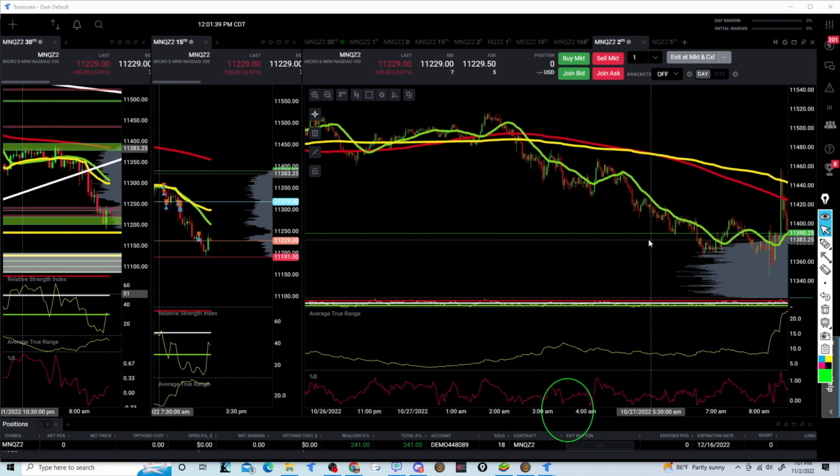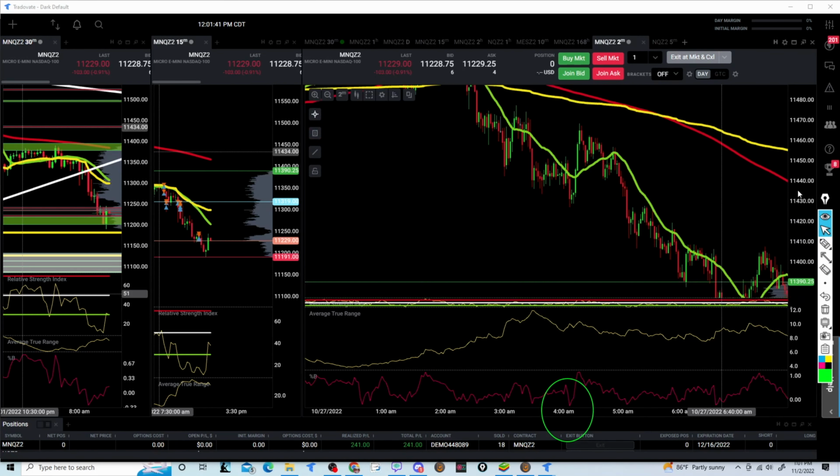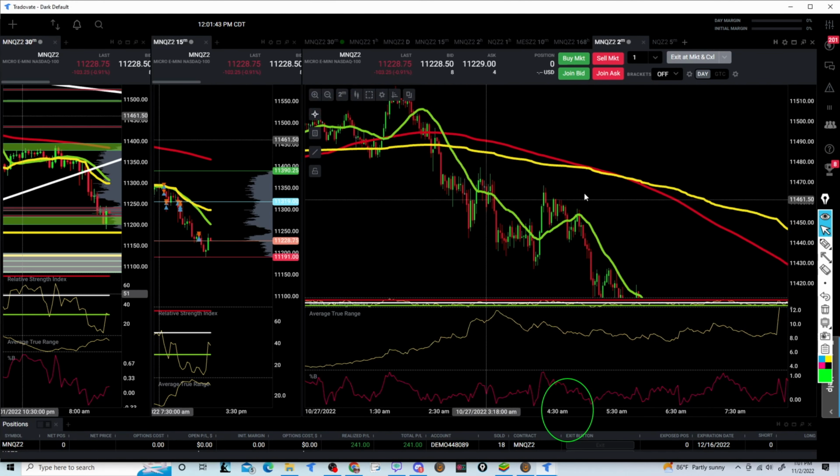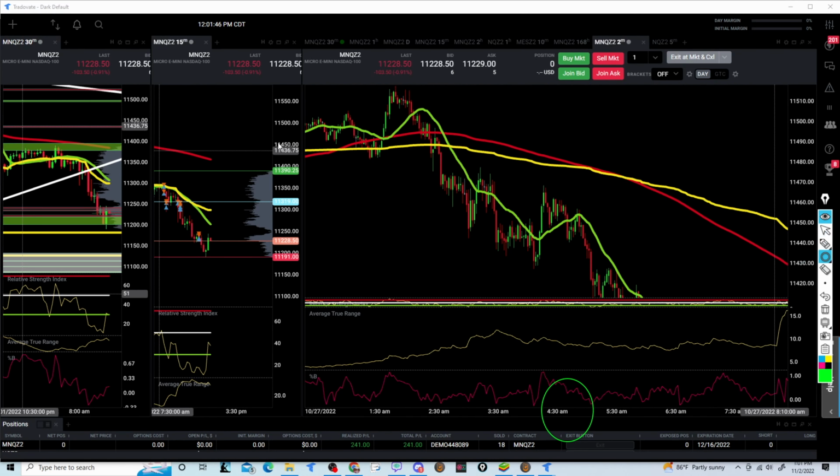All right, so I'm going to ask you guys, during this time frame, okay, we started where? What do we call this? A narrow state. Okay? Where would we have begun to trade this to the downside?